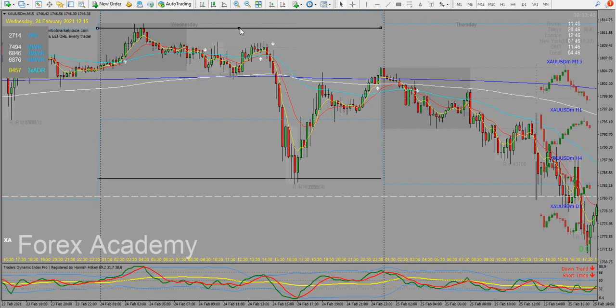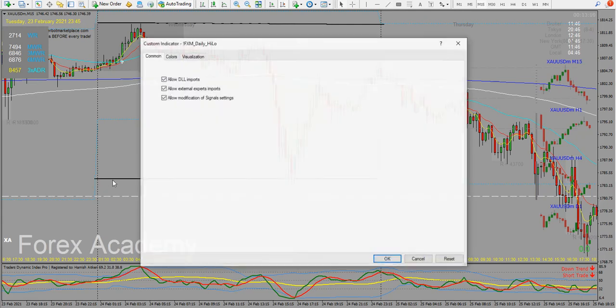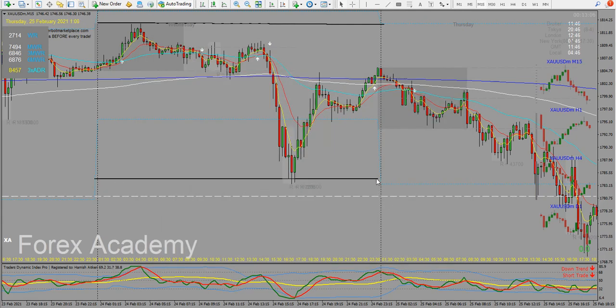Then we place our vertical line according to the structure that we had. Let me remove this, but also identify the high of Wednesday, which is this one. You can even see with the blue tracer, and also the low of Wednesday, the previous week.